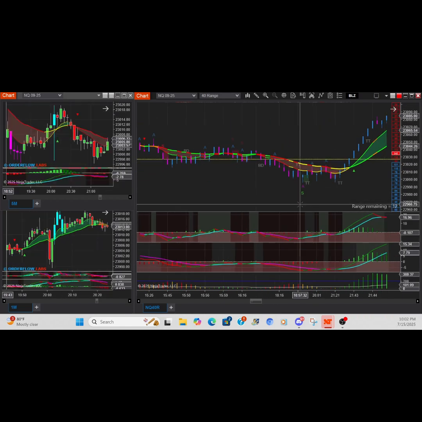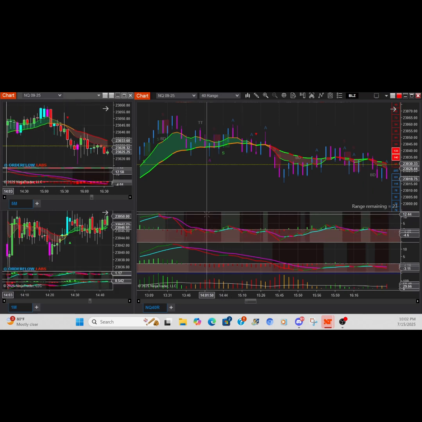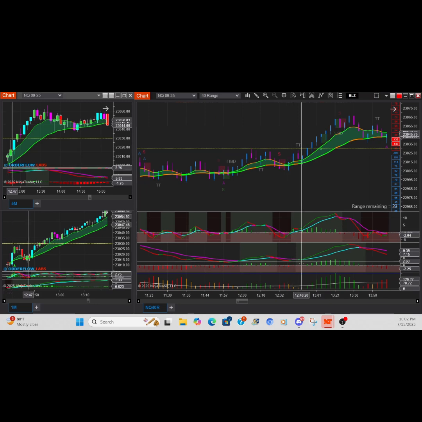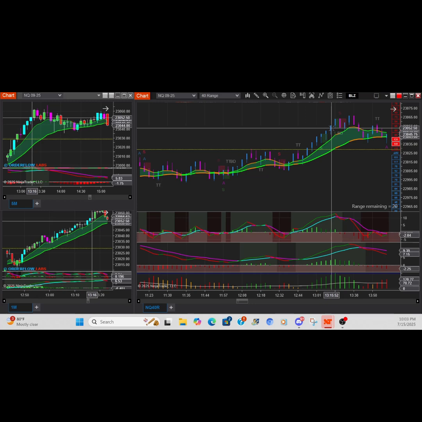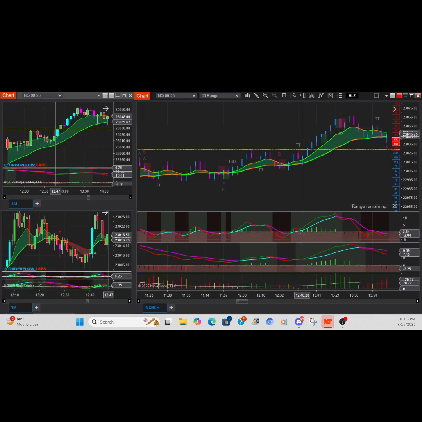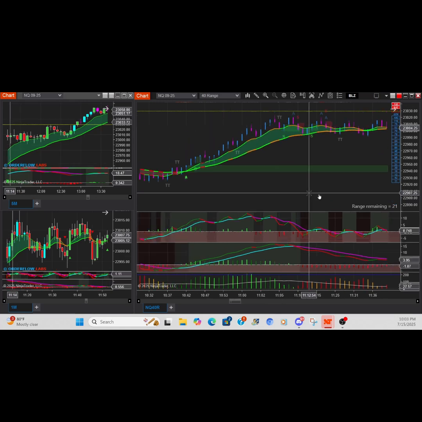Those I prefer personally, when I see the MACD doesn't break the signal line. If it's here, it's crossed up. So it's here. Look at that move. So when it doesn't break the signal line on a pullback, that's a good sign.